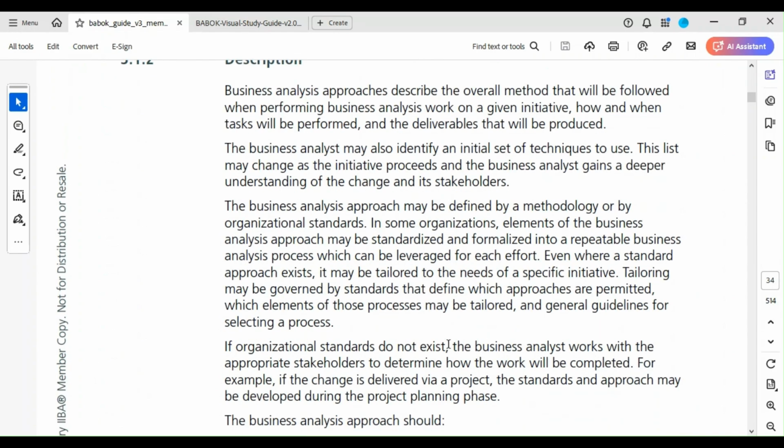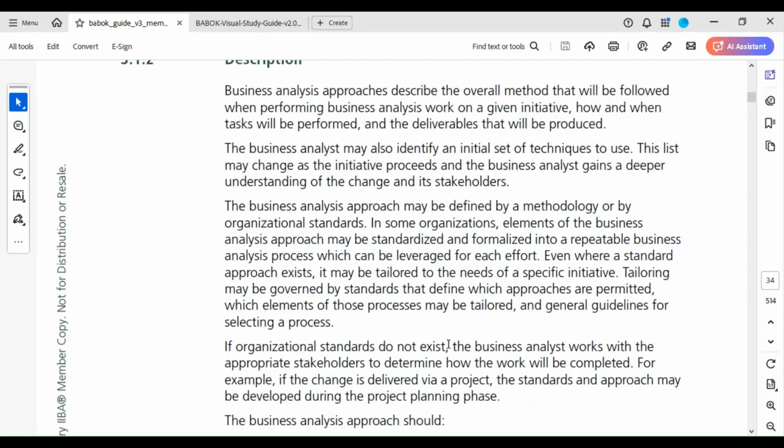So, description. Business analysis approaches describe the overall method that will be followed when performing business analysis work on a given initiative, how and when tasks will be performed, and the deliverables that will be produced.